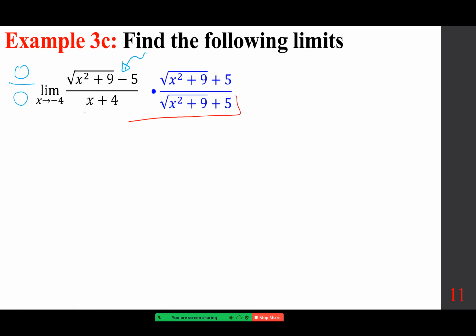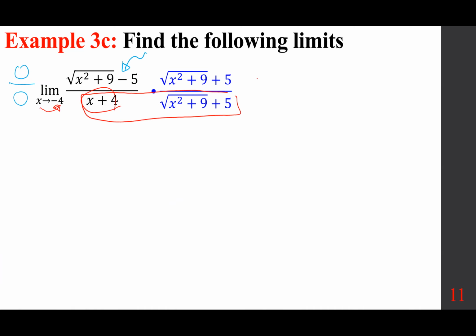Again, we're not going to do anything to the denominator because x is approaching -4. That means x plus 4 is a problem. That means we are hoping to get rid of that. It is the 0 in the denominator that we want to fix. So we just keep it as a product, but the top is a minus b, a plus b.